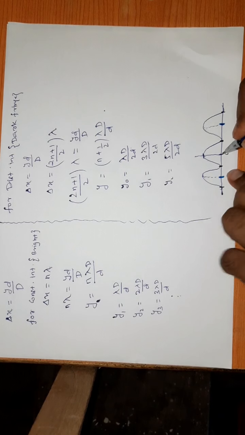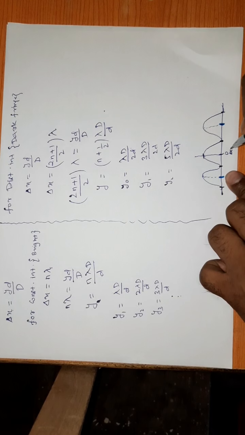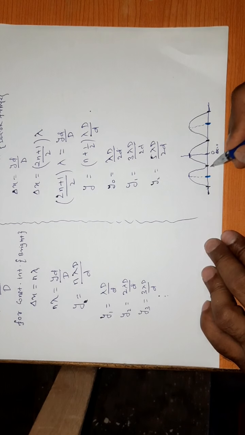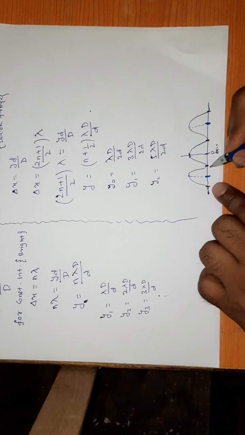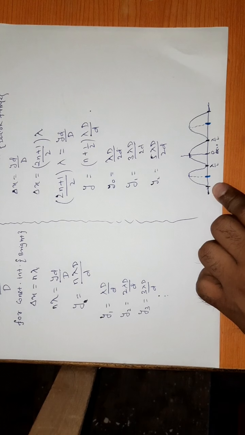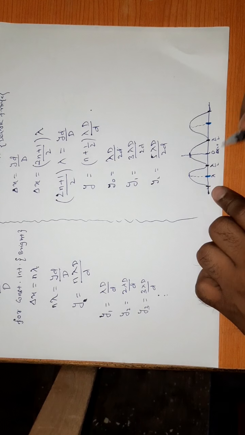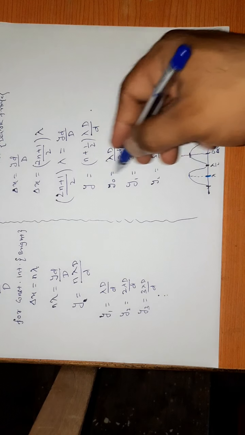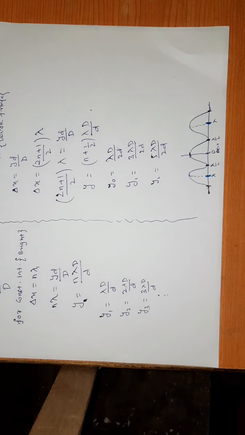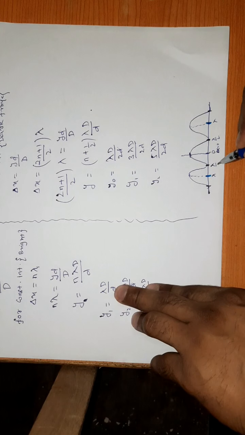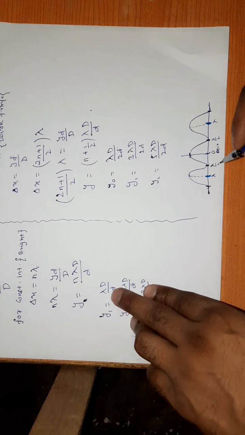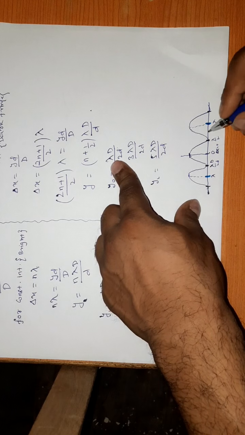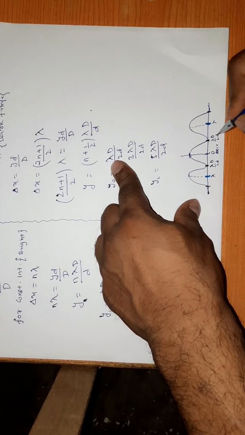Here delta x is equal to 0. Here delta x is equal to lambda by 2. Here is also lambda by 2. Here lambda, and so on in this way. We can also substitute the value of y. Here y1 is lambda d upon 2d. Lambda d upon 2d.